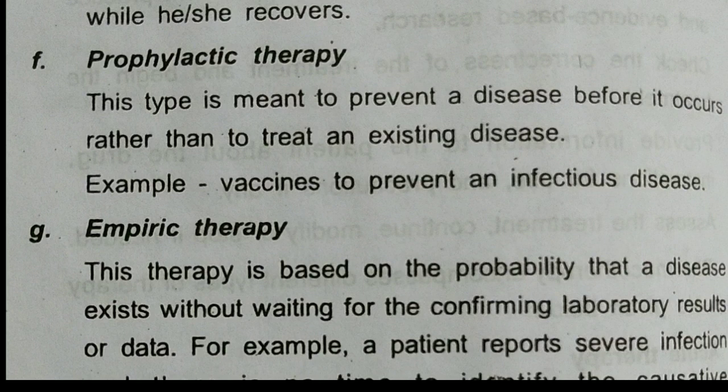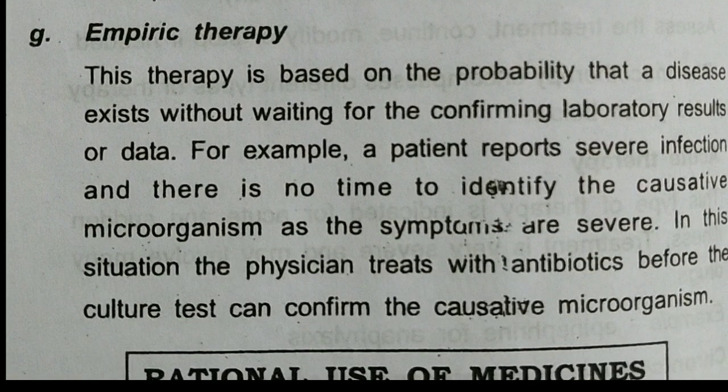For example, a patient reports severe infection and there is no time to identify the causative microorganism. As the symptoms are severe in this situation, the physician treats with antibiotics before the culture test can confirm the causative microorganism.